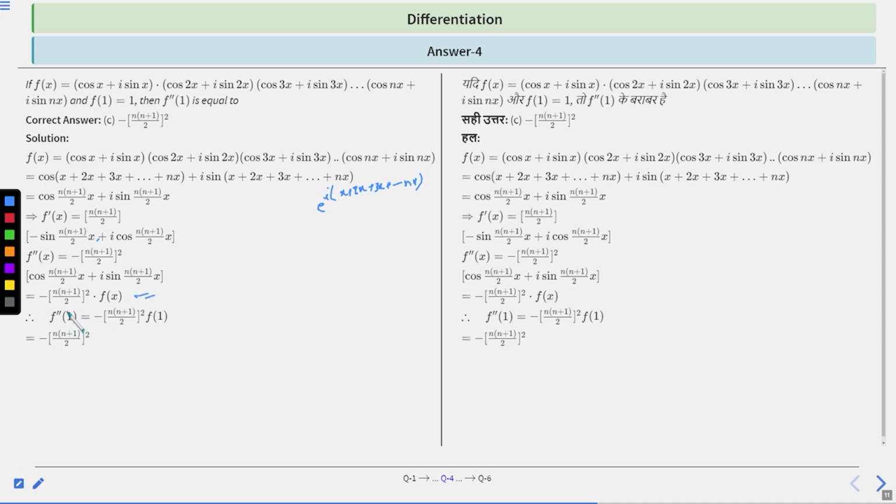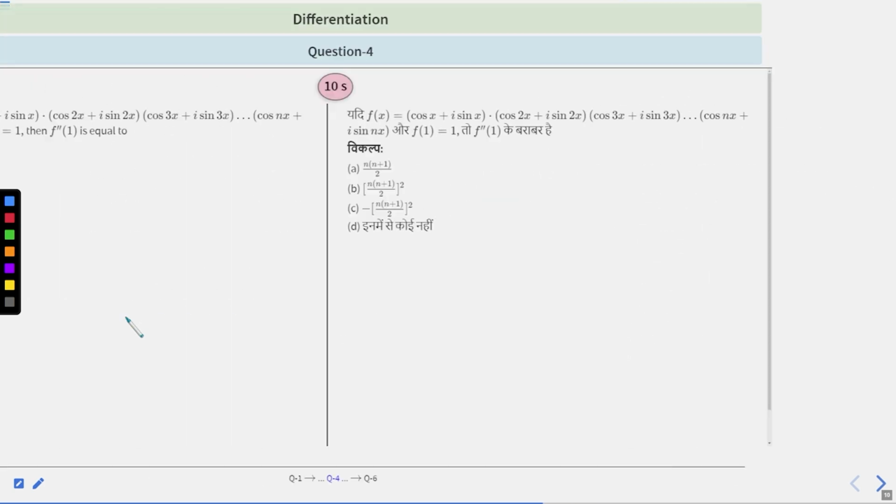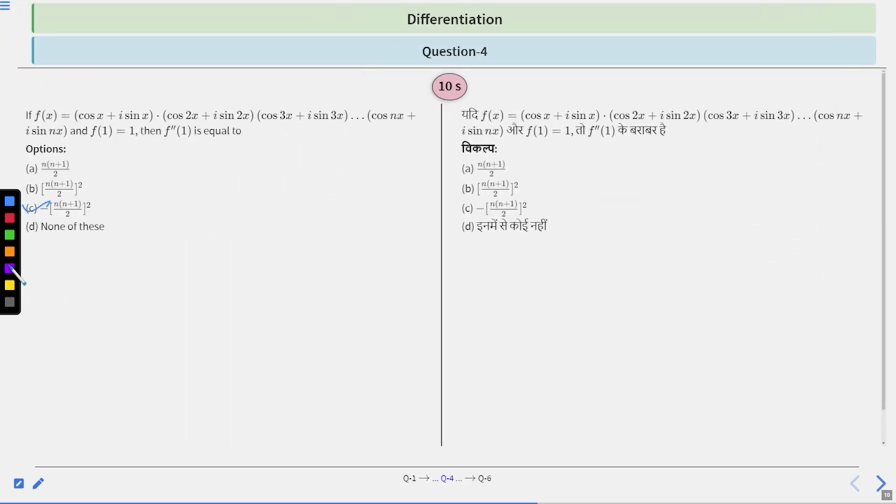So let's put 1 in place of x, right? Therefore, f double dash 1 is equal to minus of (n into (n plus 1) by 2) square into f(1). Clear? And f(1) is basically 1, right? So f double dash 1 will be minus of (n into (n plus 1) by 2) square. Clear? So I think option C is the right choice. Minus of (n into (n plus 1) by 2) square. Clear?